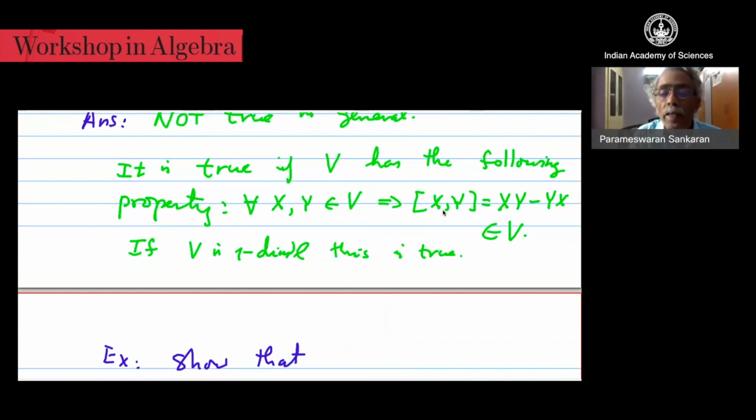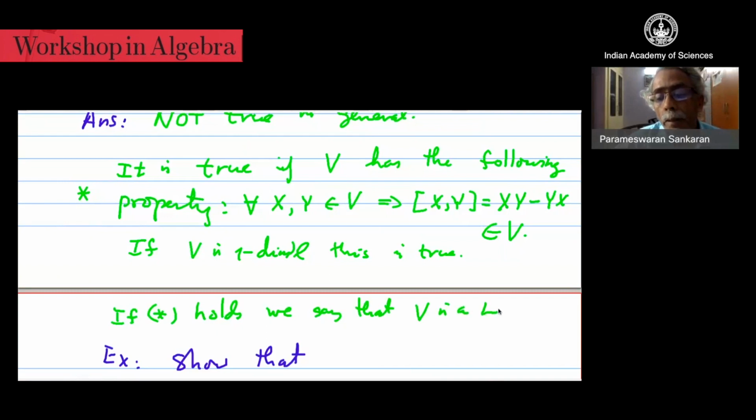What is to be expected is that XY minus YX is in V. So this property I will give a name. All right, I should stop pretty soon. If star holds, we say that V is a Lie algebra.